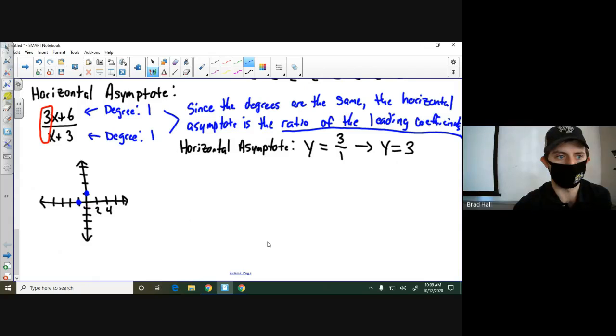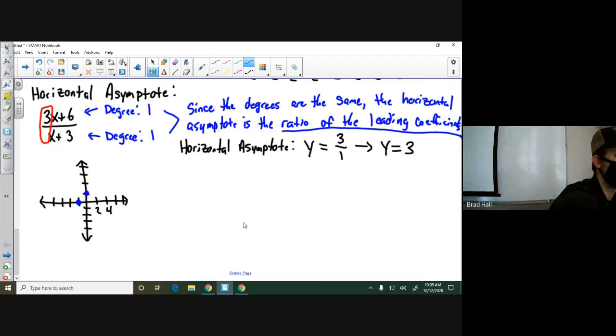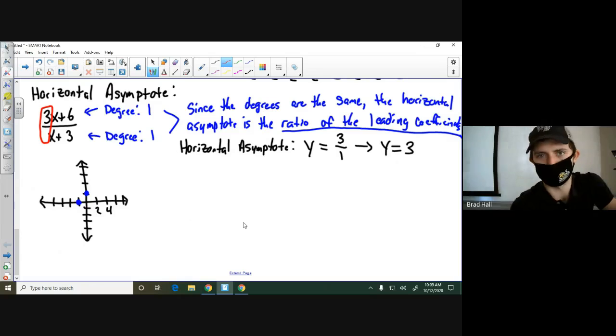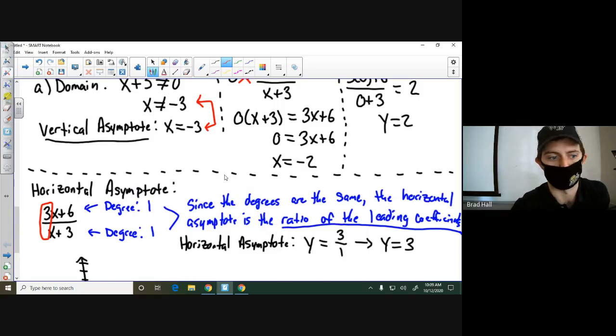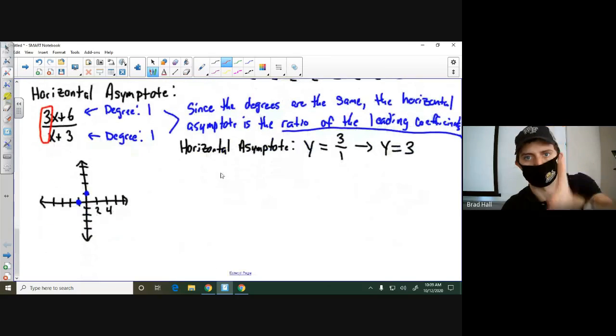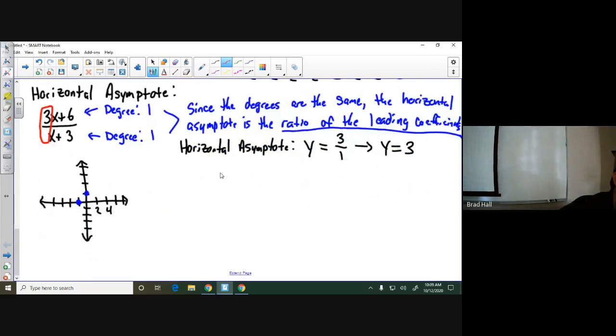So something else that we can put on here, the horizontal and vertical asymptotes. Generally, these are illustrated. Most of the time, they're illustrated as these red dotted lines. We have a vertical asymptote of x is equal to -3, where verticals up and down. -3 is right here.